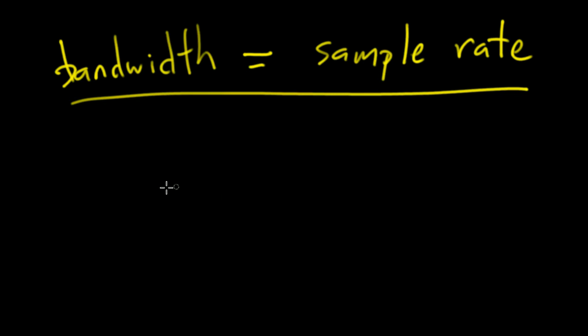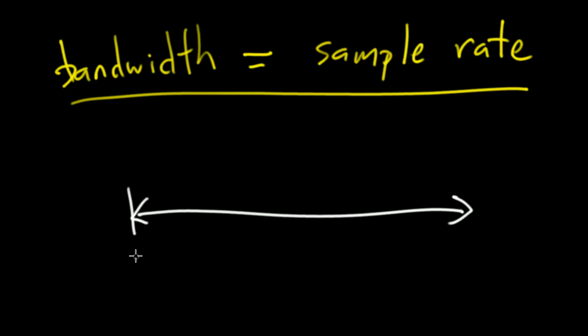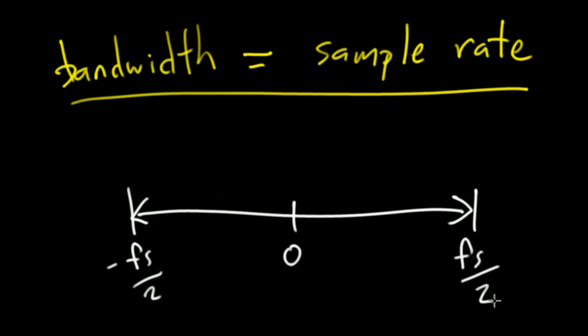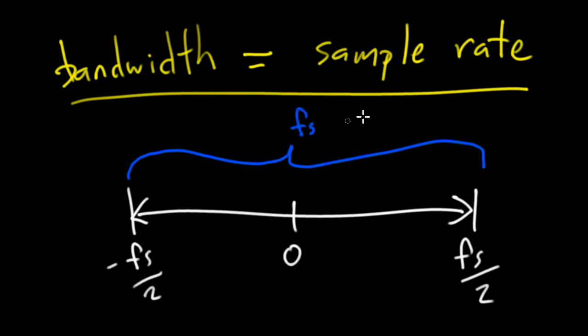And you can see that every time we look at a frequency domain plot, we always see from negative f of s over 2 through 0 to positive f of s over 2. The bandwidth described by any digital signal is this complete range from negative fs over 2 to positive fs over 2, or that's the sampling rate.